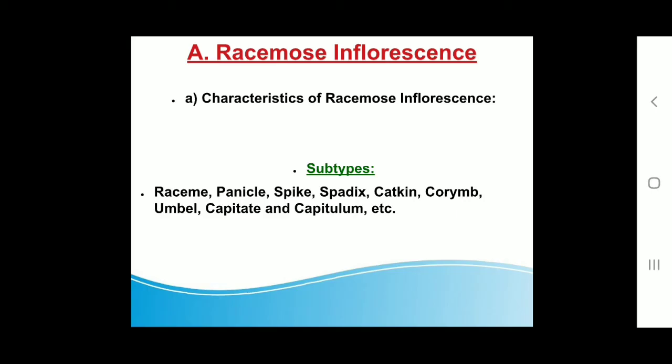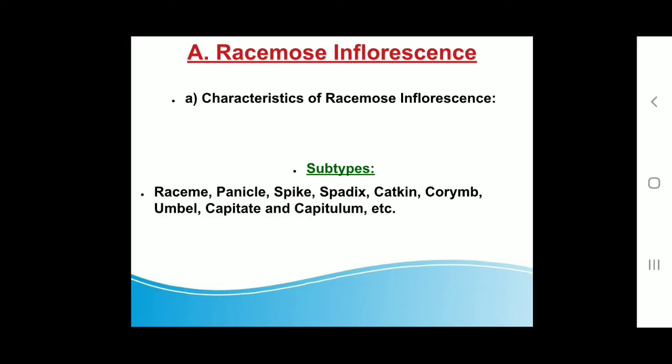This order of opening of flowers is called acropetal or centripetal order respectively. Fifth character, the acropetal order is seen in long axis. Next character, the centripetal order is found on a condensed flat roundish structure called receptacle.